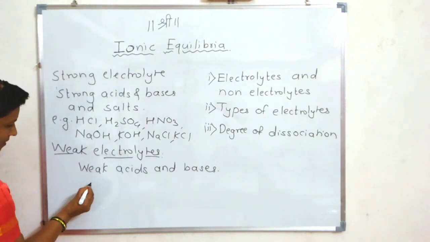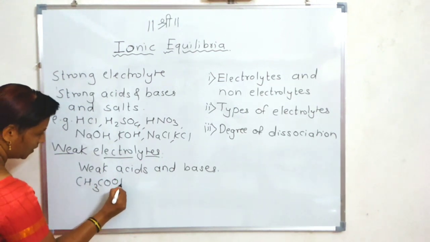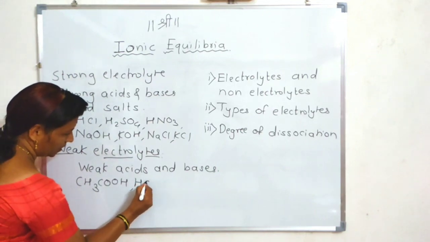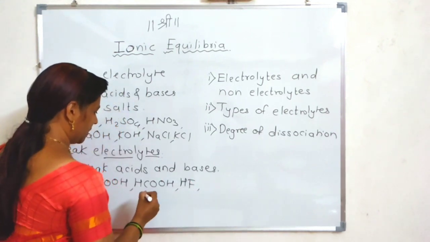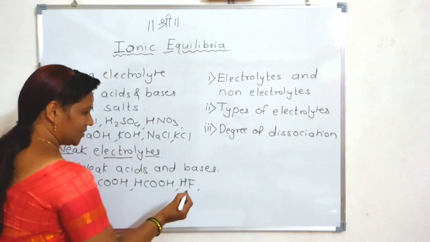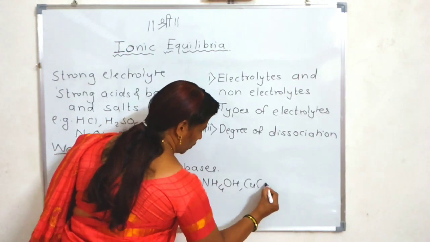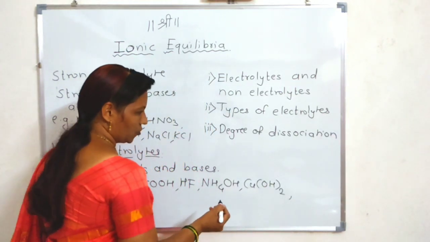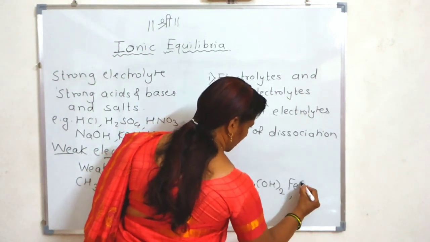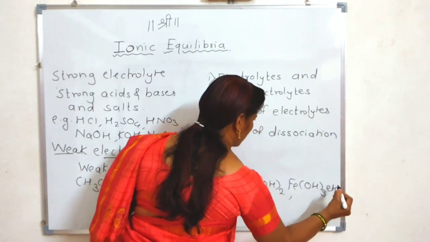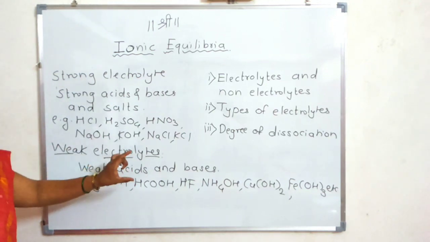Examples of weak acids are acetic acid, CH3COOH, formic acid, HCOOH, and HF, etc. Examples of weak bases are NH4OH, Cu(OH)2, and Fe(OH)3, etc. These are the examples of weak electrolytes.